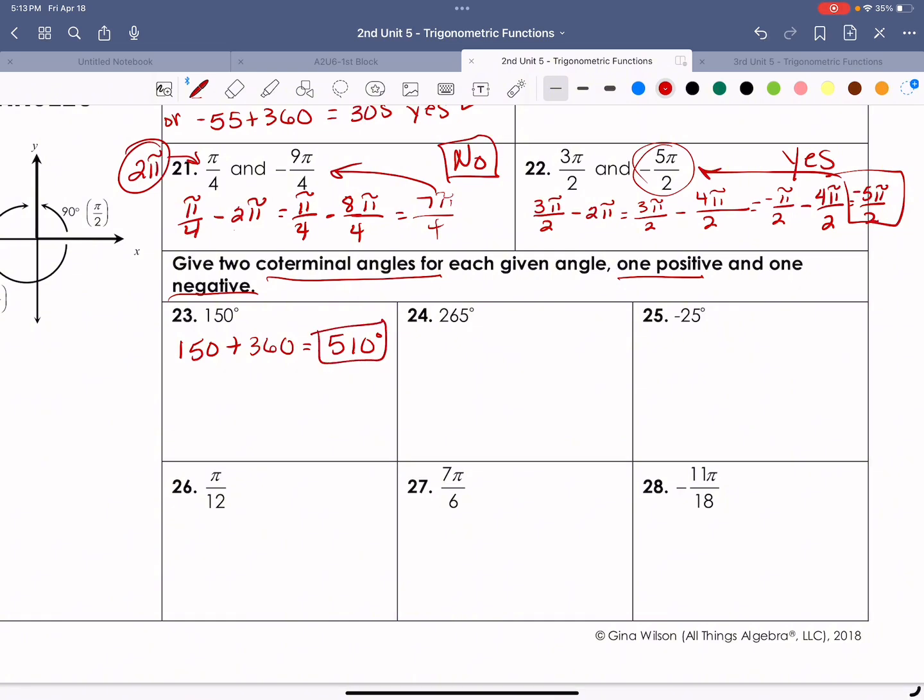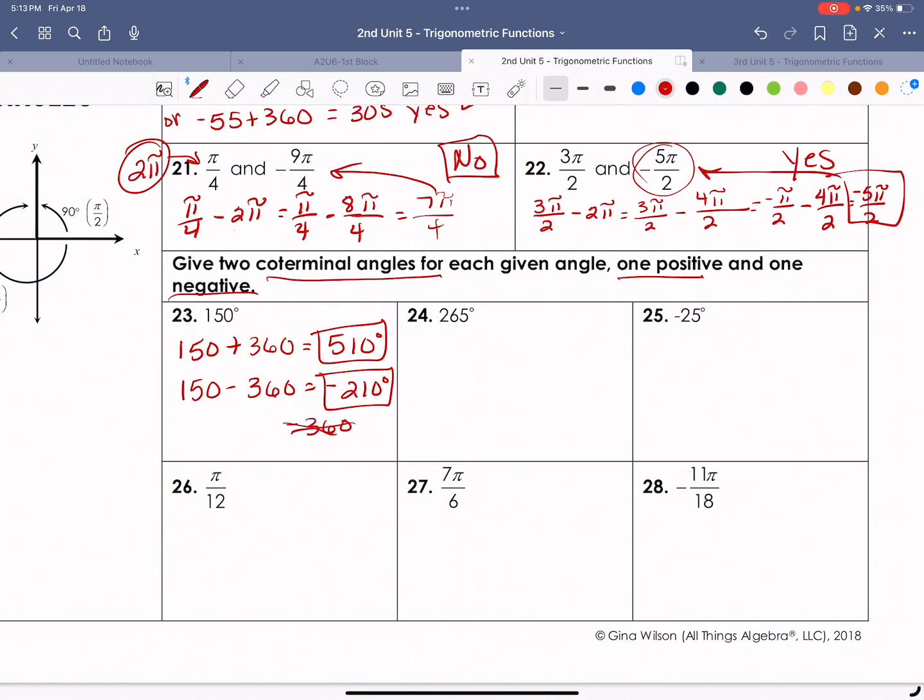And if we wanted another positive angle, we could just add 360 to 510. You can just keep on going. If I want to find a negative angle, I'm going to subtract the 360, which is going to give me negative 210. And once again, I could subtract another 360 and get another angle.